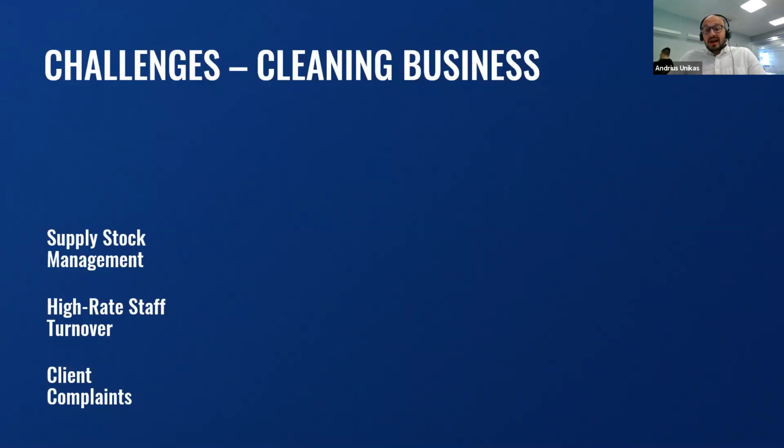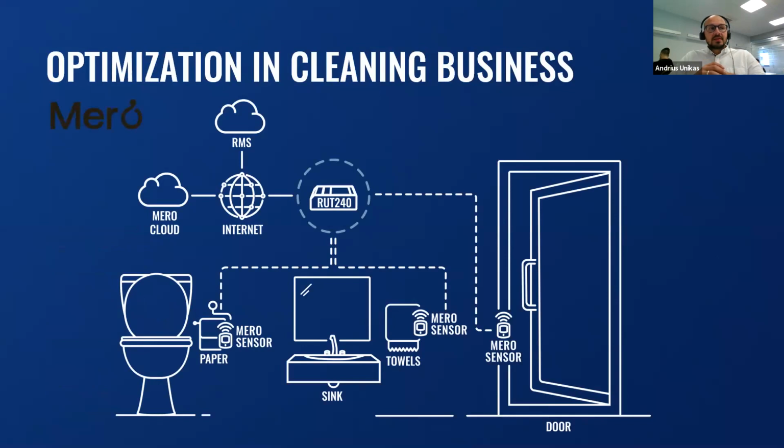And obviously to track their work progress is one of the most needed features. So this use case was made by one of our clients called Mero Technologies. It is an IoT company providing intelligent labor allocation and supply utilization to commercial property managers. And this is done by smart sensor technology.